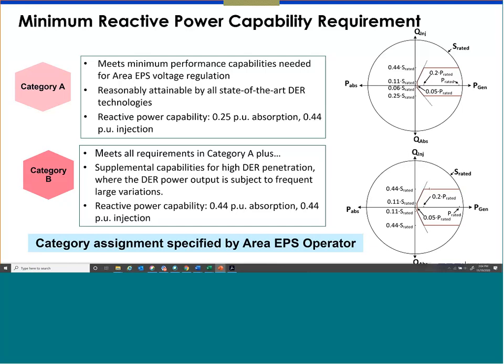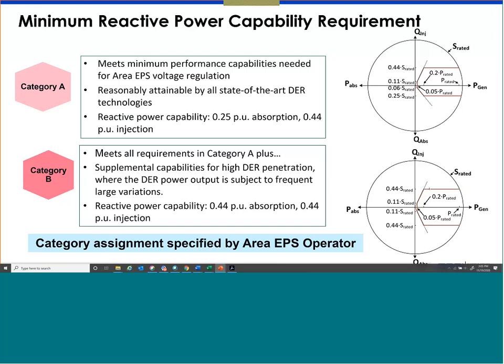In another slide I'll explain a little more detail. Below 20%, but above 5%, so between 5 and 20%, there's a slope. The requirement gradually reduces because of the difficulty of maintaining the amount of reactive power. And it's symmetric on the injection side and absorption side. So that's category B, reactive power capability.